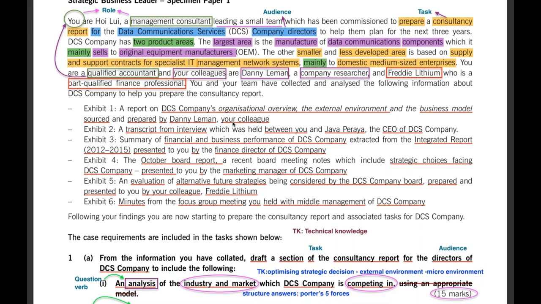Remember, this colleague of yours is a company researcher, so he's an expert in this. Exhibit 2 is a transcript from an interview held between you, the management accountant, Hoi Lui, and Java Praya, the CEO of DCS company.